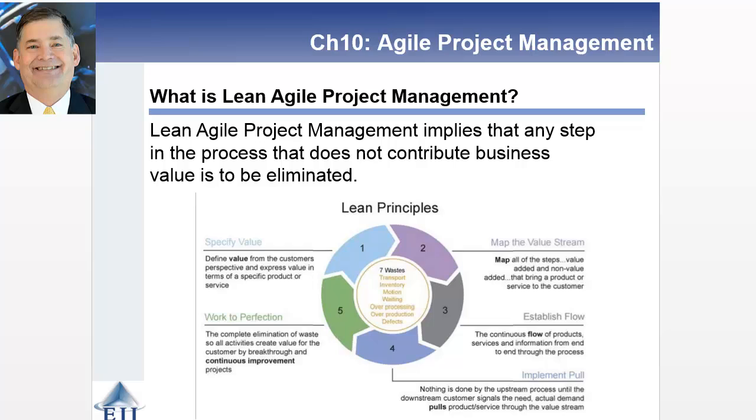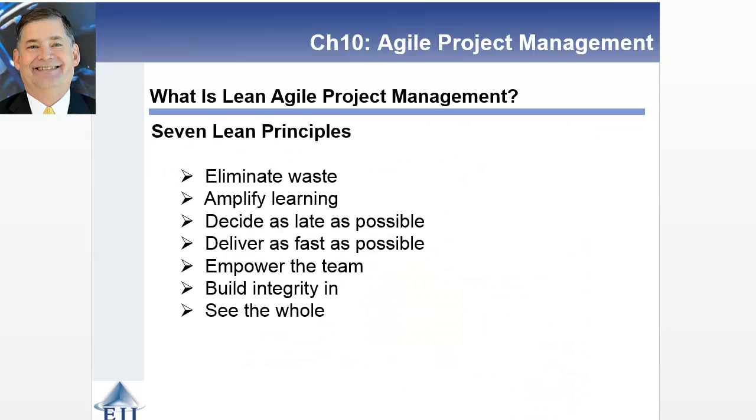So documentation and planning and other components that you see heavy use of in traditional project management don't go away. They're still there, but they become lean. They become just as needed, just in time to solve a particular problem.